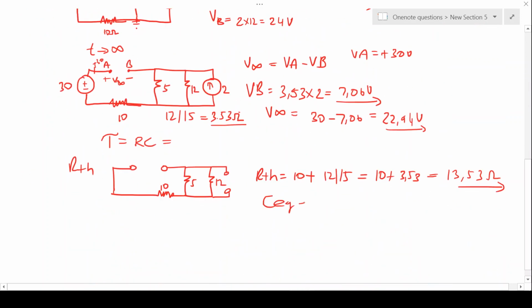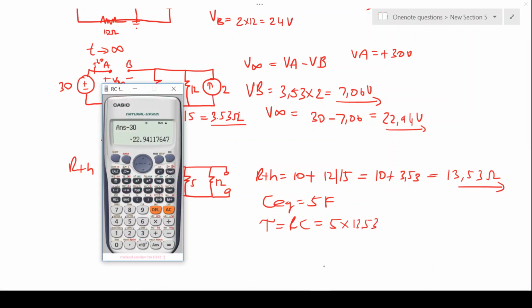So C equivalent is going to be 5 farads. Therefore tau, which is RC, is going to give you 5 times 13,53, which gives us a value of 67,65.